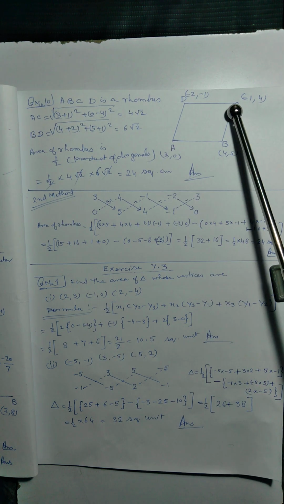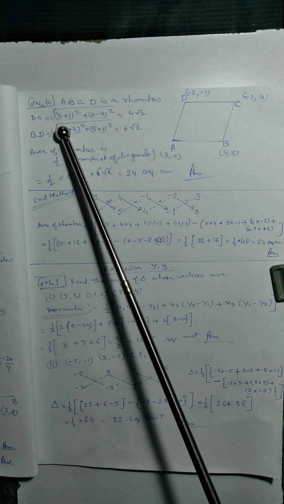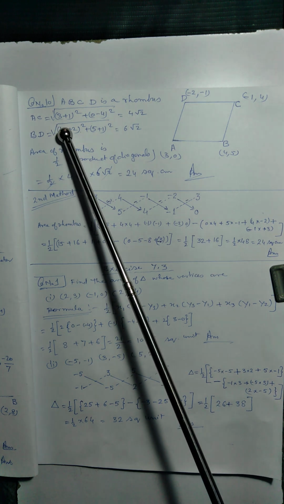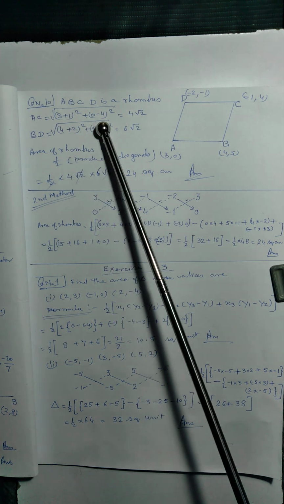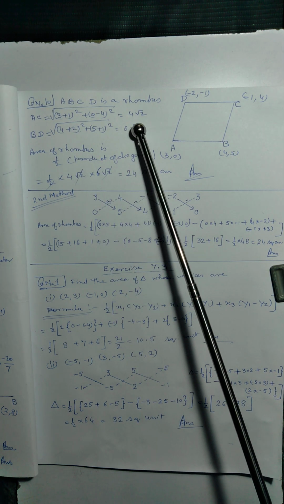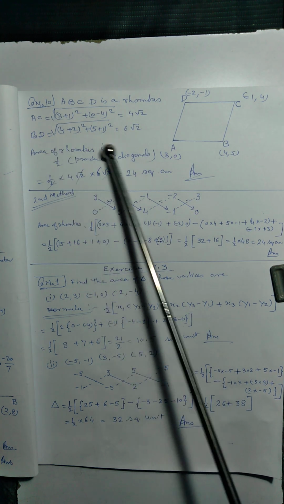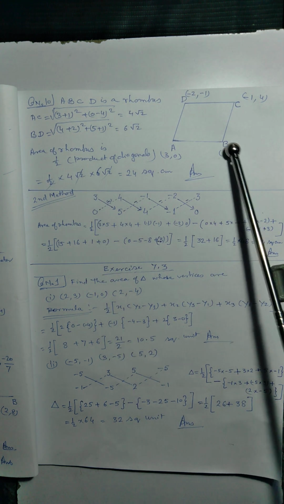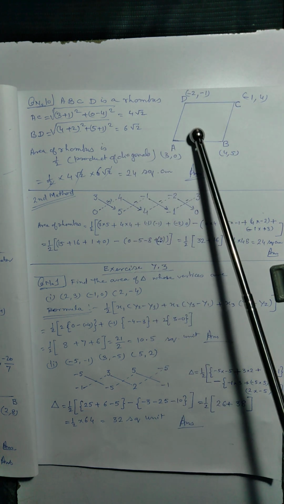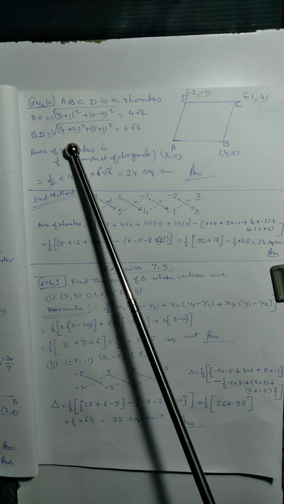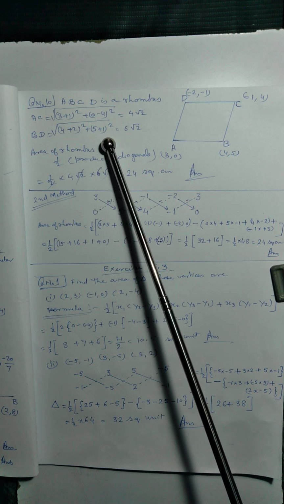So, you see the AC. What will be the length of AC? Just the simple distance formula we have to apply here. Root of (3 + 1) whole square plus (0 - 4) whole square, and you will get 4 root 2. Similarly, for BD, with the help of these coordinates, the distance between B and D will be equal to root of (4 + 2) whole square plus (5 + 1) whole square.